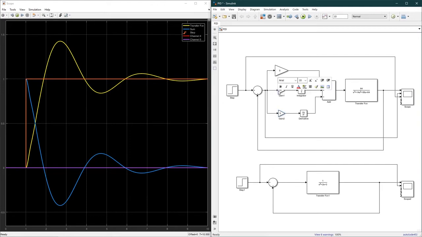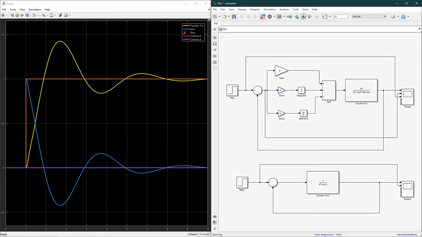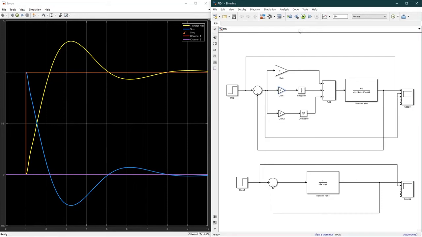Ki may be too much. Looks better. Okay, and add more Kd.